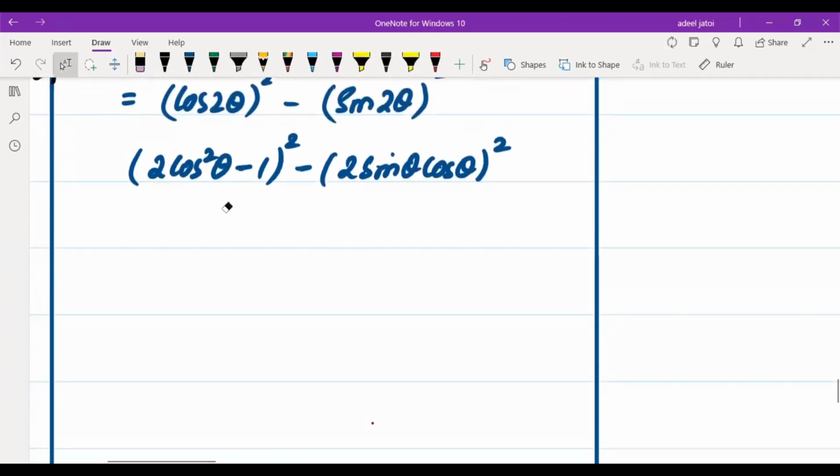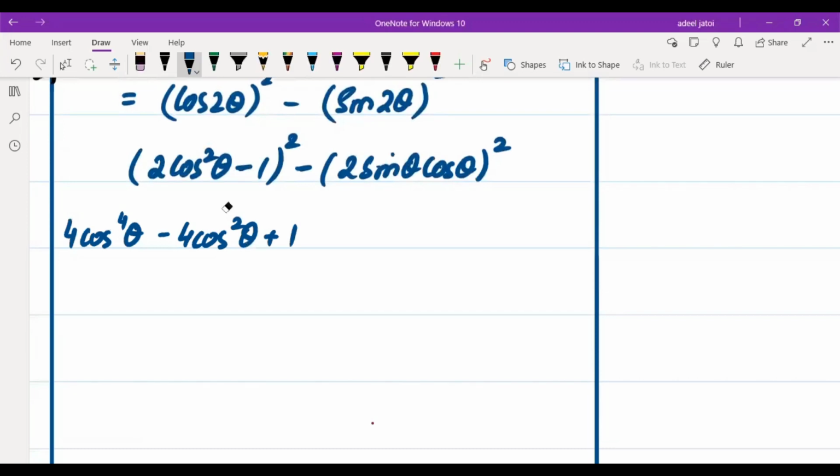Now, considering (2 cos square theta minus 1) whole square, we can open this as 4 cos to the power 4 theta minus 4 cos square theta plus 1.